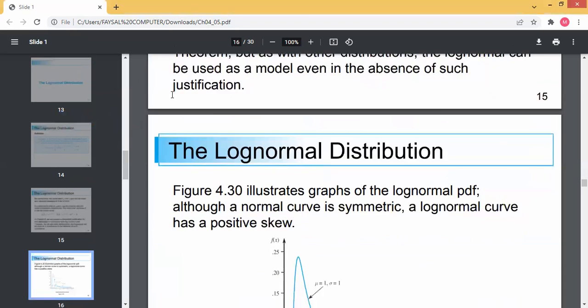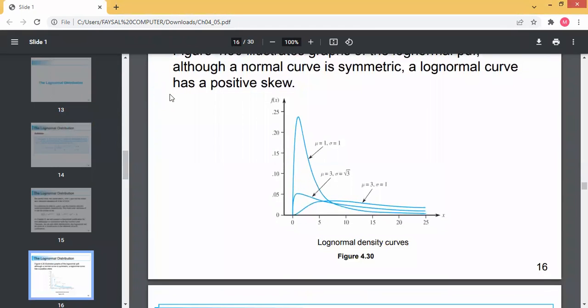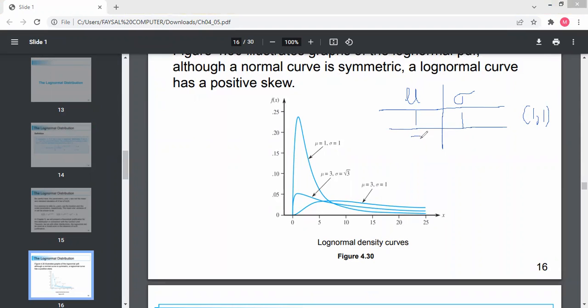Okay, so these are basically the curves. The first curve is when mu is 1 and sigma is 1, that is 1, 1. The second is when mu equals 3 and sigma is under root 3, so it is 3, under root 3.